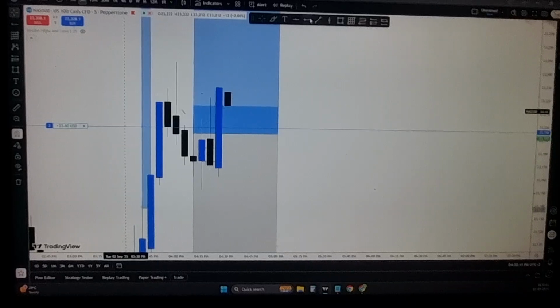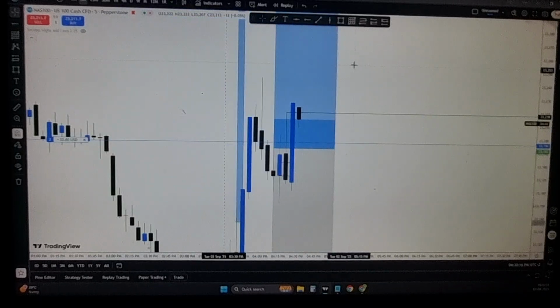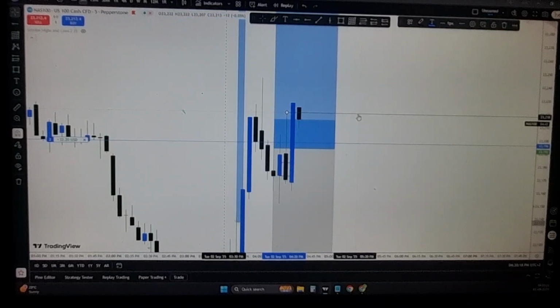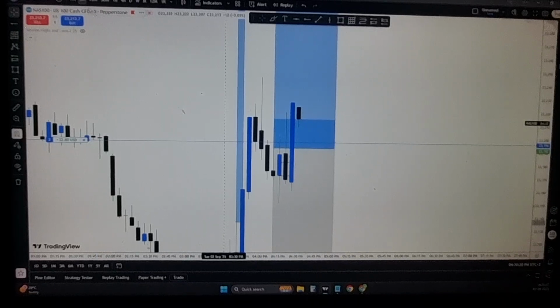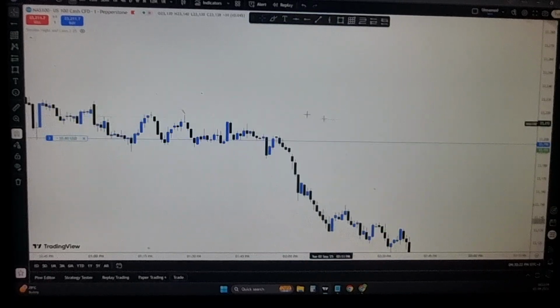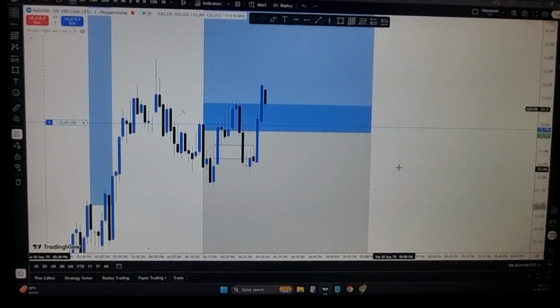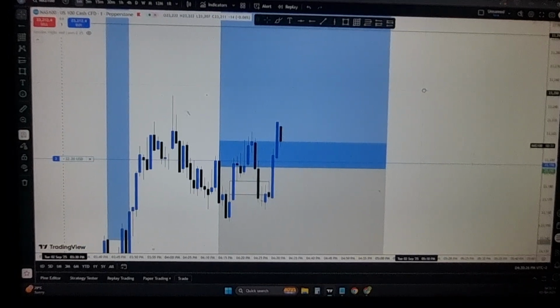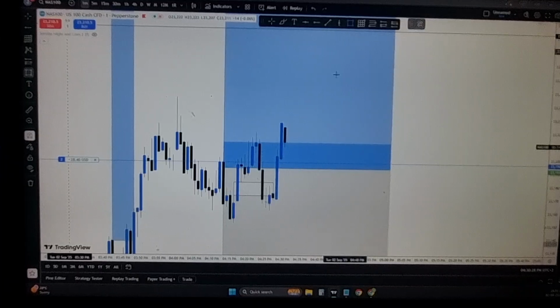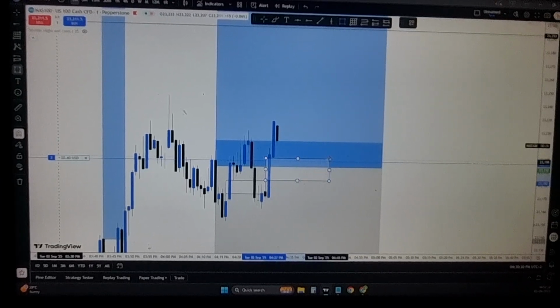Okay, we did have a 5-minute break of structure over here. And we do have this 1-minute fair value gap over here.